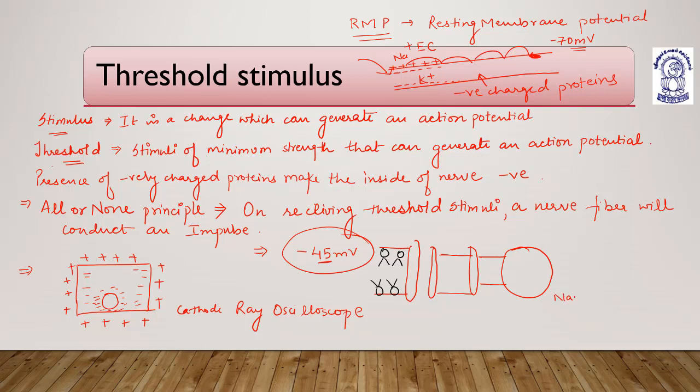Now suppose this is the Na plus K plus ATPase complex. And there are some channels known as gated channels, as I have already told you. They have a gate-like or cap-like structure.